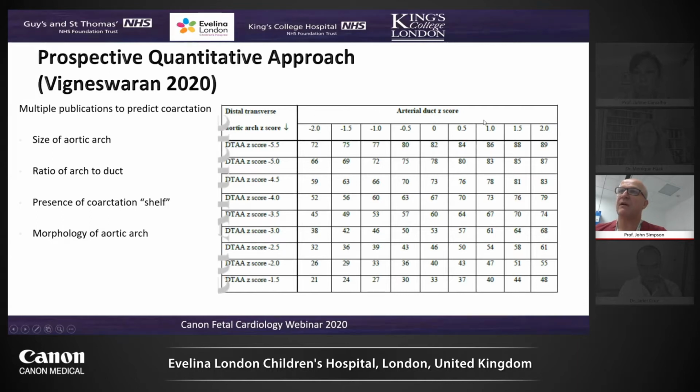So with a bigger arterial duct versus a very small transverse aortic arch, you get your highest percentage chance of coarctation of the aorta. But if you look at all the numbers in all the panels here, you'll note that none of these numbers are 100%. So I think in most people's book, this is a lesion which remains to be confirmed after birth.